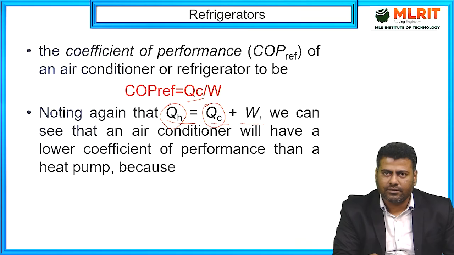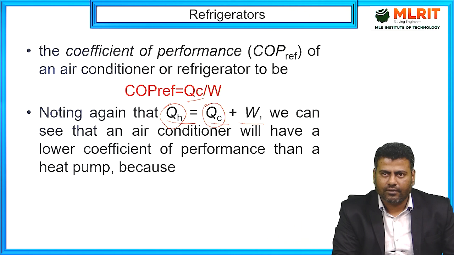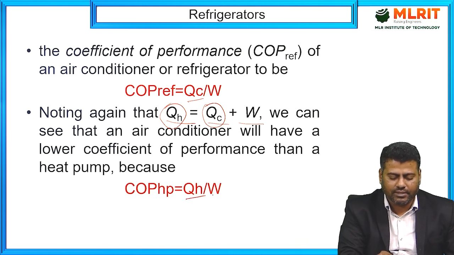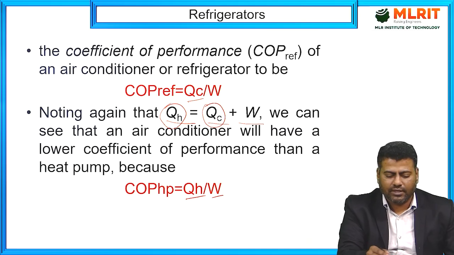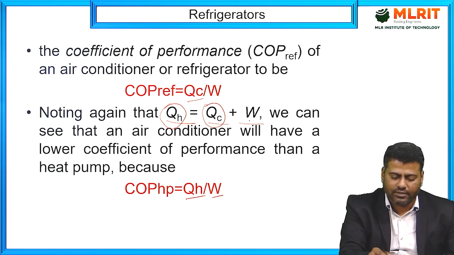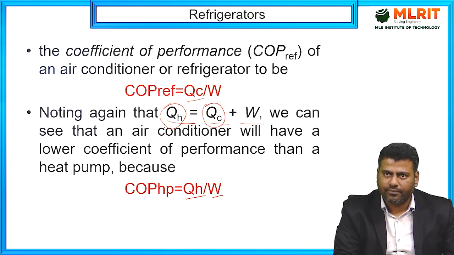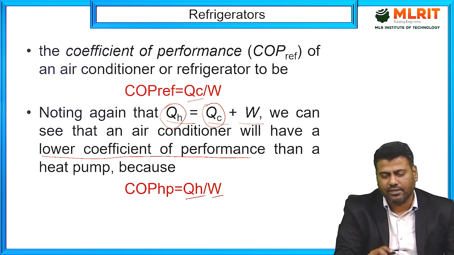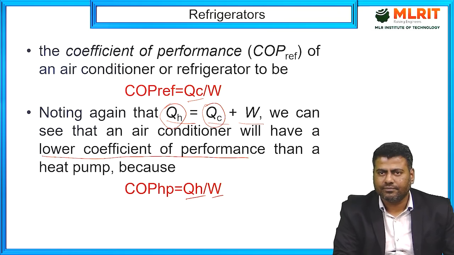But it is also greater than 1, the COP. So the heat pump is QH by W. For both cases, QH is equal to QC plus W, whereas QC is QH minus W, so some parameter is reducing. That is why they mention a lower coefficient of performance. But both will be greater than 1 only.